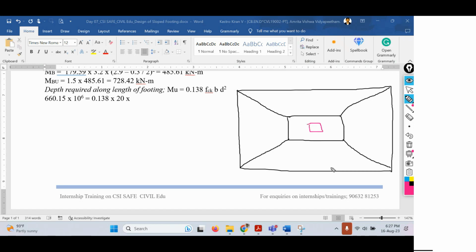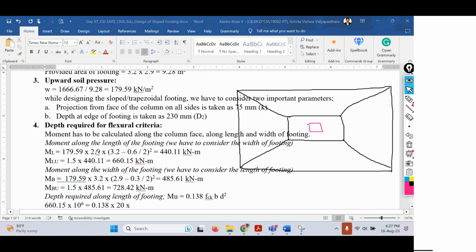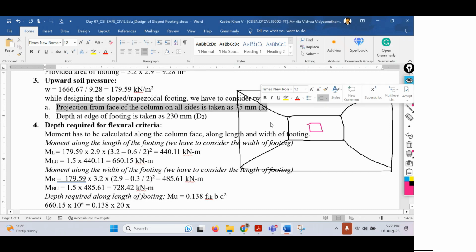Here we know the value of x, that is the projection value. The projection from the face of the column on all sides is taken as 75 mm.